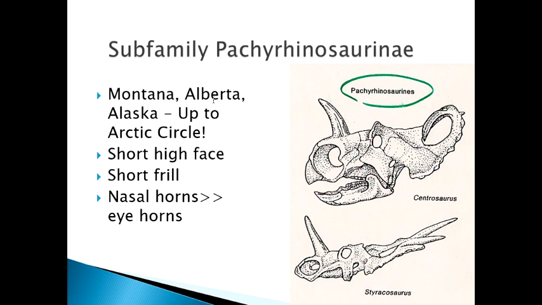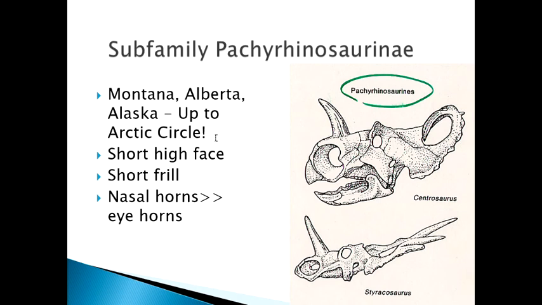And again, this is sort of a North American, US and Canada type thing, but we find these things all the way up to the Arctic Circle in Alaska, which we're going to talk about later, that there's some dinosaurs that clearly were way up there in the high latitudes, so they were having to deal.